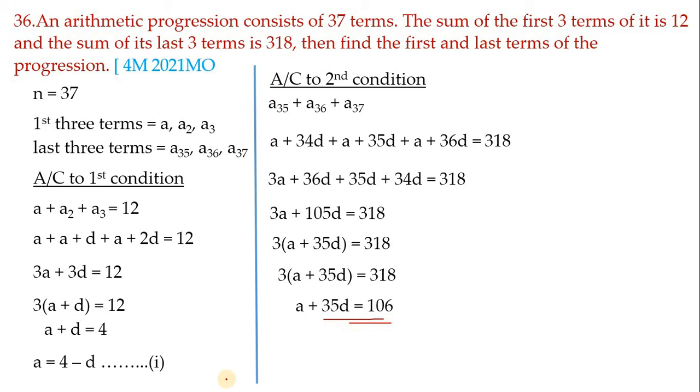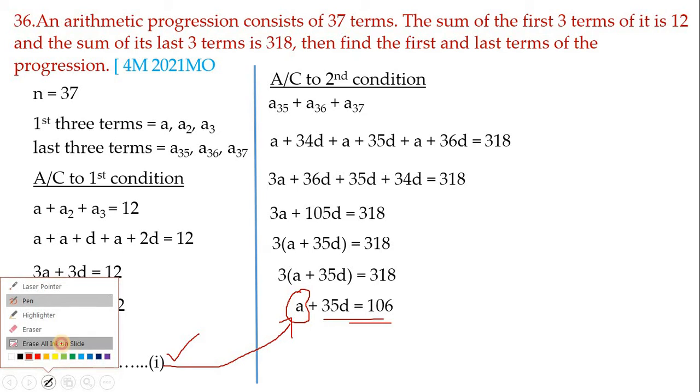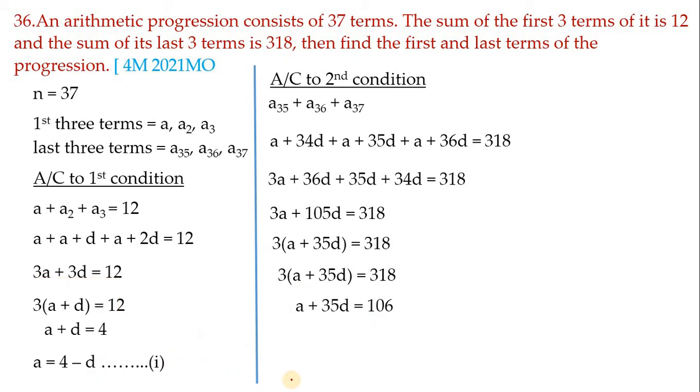Now what will you do? Here A is there, but in equation 1 we have found the A value. So substitute that in this place. Now I get 4 minus D plus 35D equals 106. Let me simplify this, children.